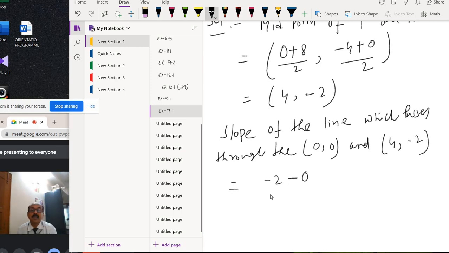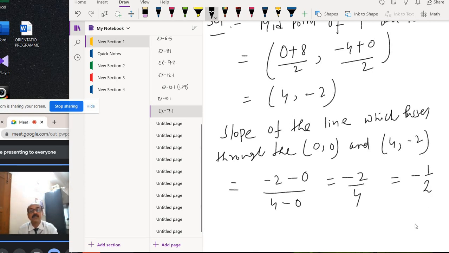Minus 2 minus 0 divided by 4 minus 0 equals minus 2 by 4, equal to minus half. This is the required slope, this is the answer. Okay, it is clear? Yes, sir.